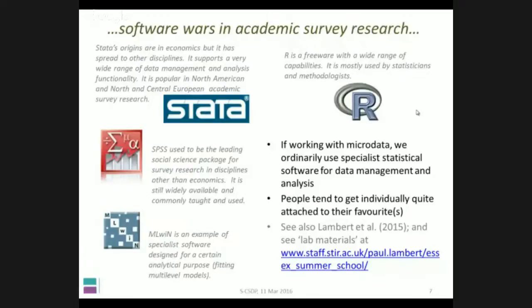MLWin is free to not-for-profit users in the UK. If you're interested in multi-level modeling, I would strongly recommend going to the Centre for Multi-Level Modeling website where MLWin is distributed from and looking at some of their resources. But for today's focus, we're gonna stick with the three major general purpose packages, SPSS, Stata, and R, and say a bit more about those in time.